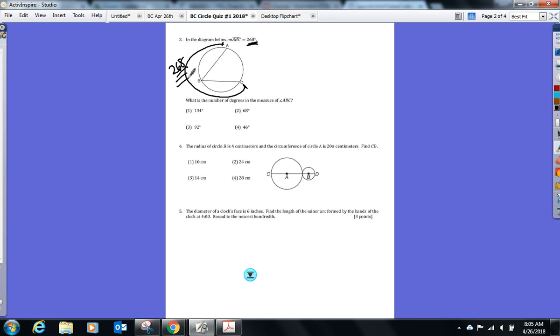Meaning, how can you find arc AC now? How can I find arc AC? Andrew? Yep, distance and divide by 2. Yep, because this is what type of angle? Inscribed. How can I find arc AC? Just do 360 minus 268. Divide by 2. Yep, you get your 46.